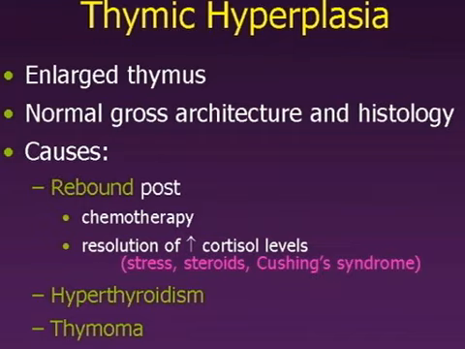And these can be iatrogenic, such as in a patient who's being treated with high-dose steroids, but they also may be intrinsic, for instance, in patients with high stress levels, or Cushing's syndrome. Hyperthyroidism, Graves' disease, is another cause for thymic hyperplasia, and thymoma.